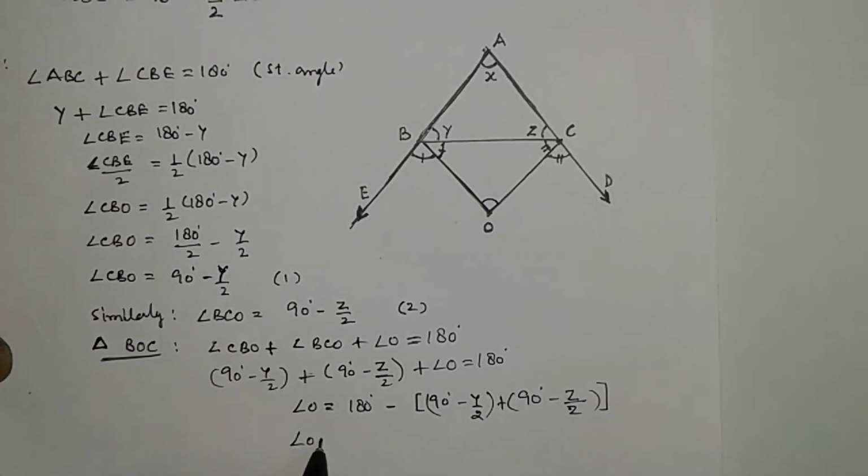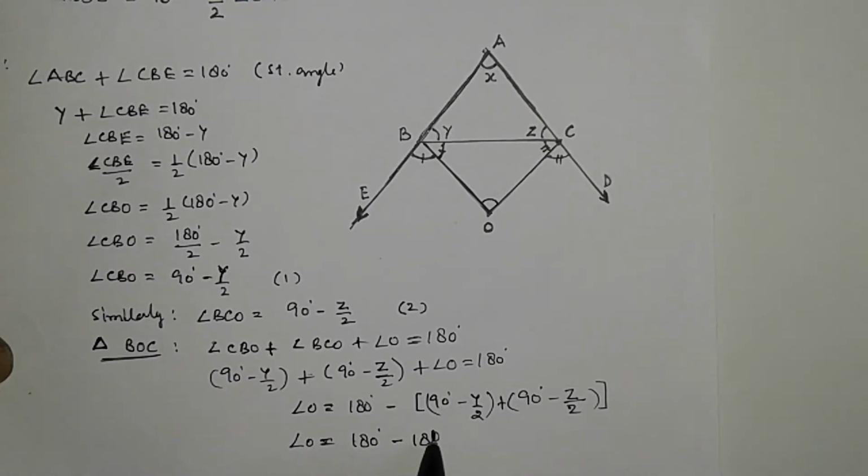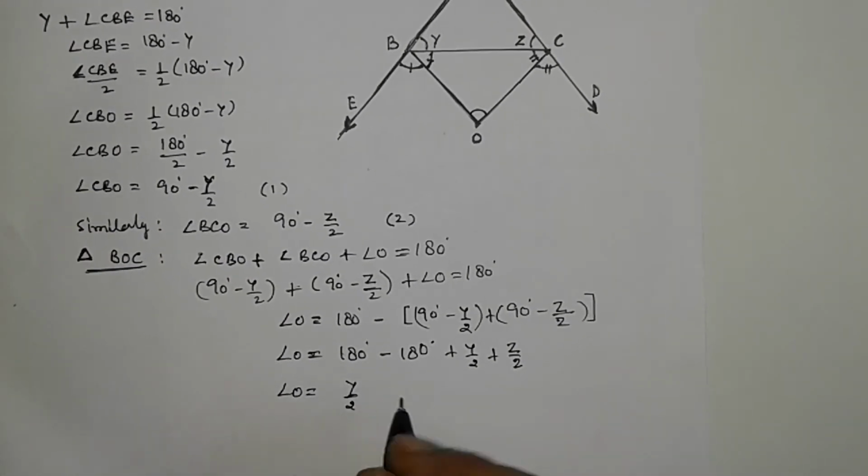When you open it you will get 180 degrees minus 180 degrees plus Y by 2 plus Z by 2. So the value of angle O is equal to Y by 2 plus Z by 2. This is equation number 3.